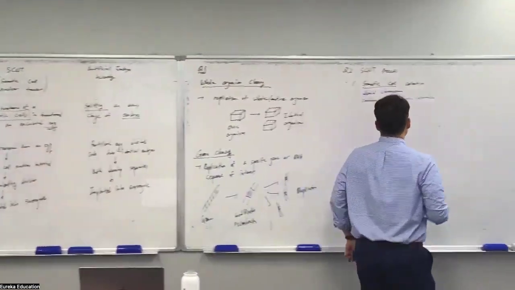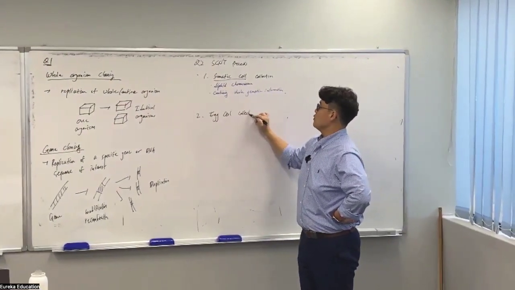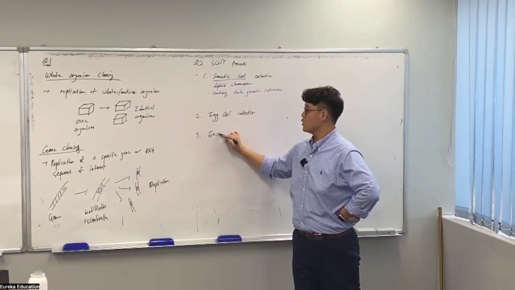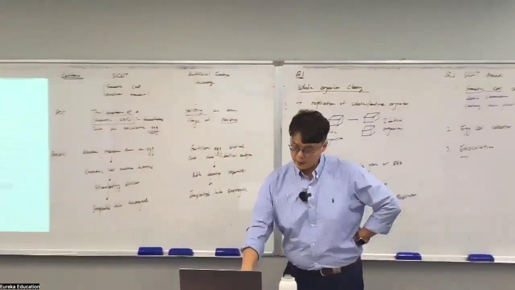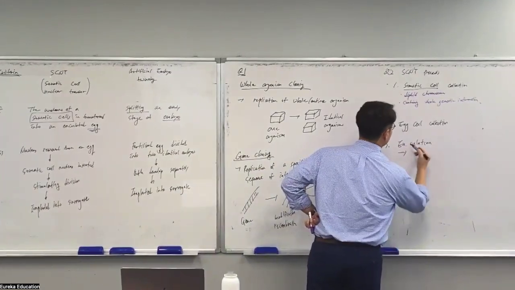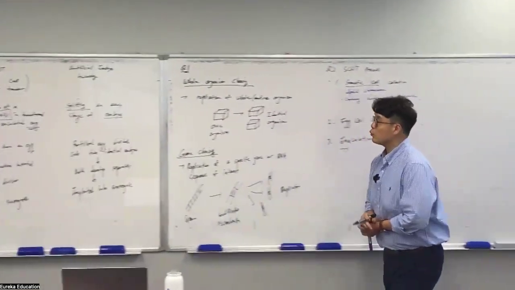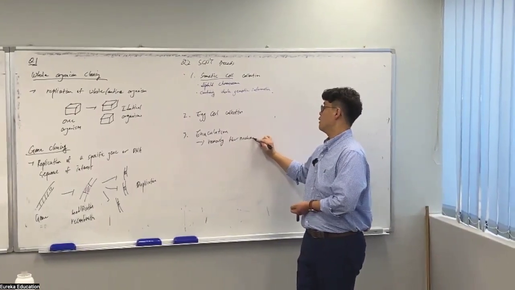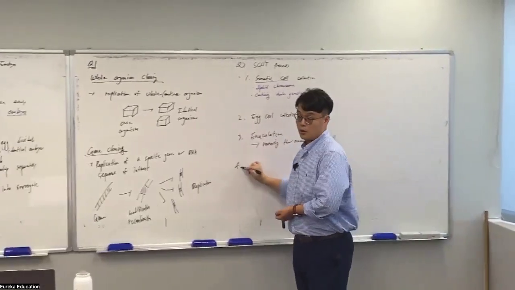After we collect the somatic cells, we're getting ready for the egg cell. So egg cell collection as well too. We collect the egg cell and then enucleation of that. Enucleation, my bad. Enucleation simply means that we are removing the nucleus of the egg cell is what we do.